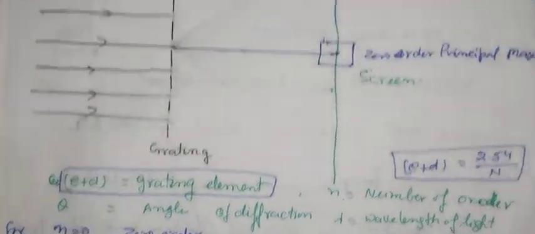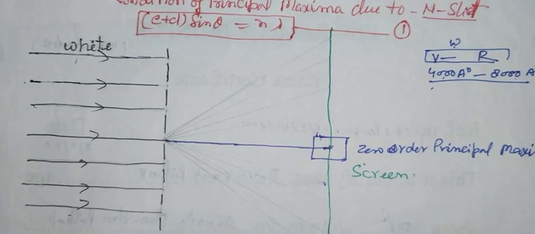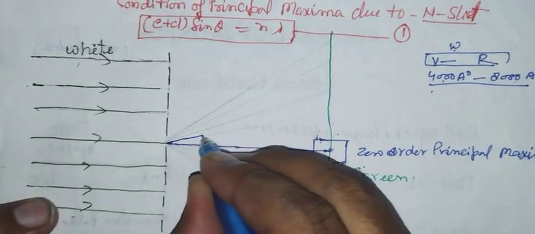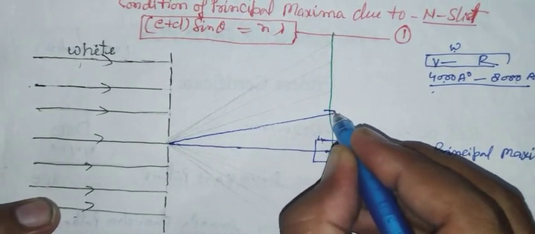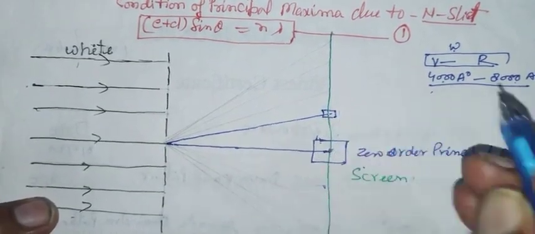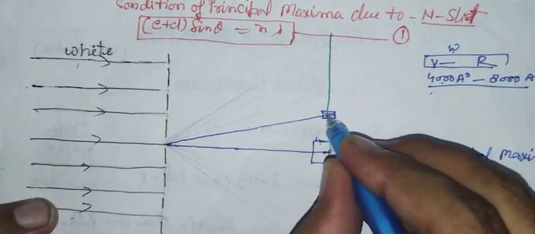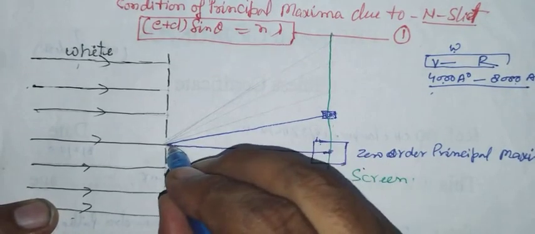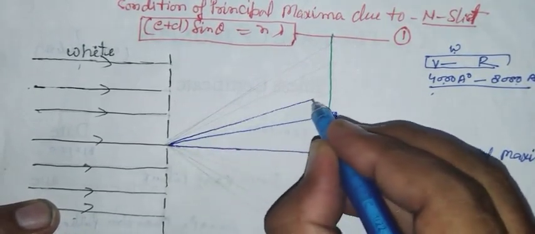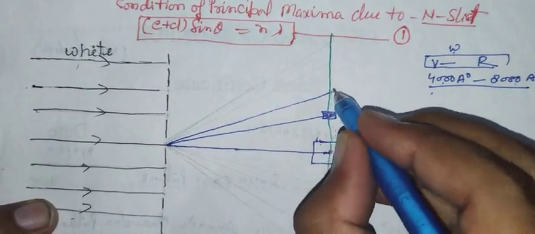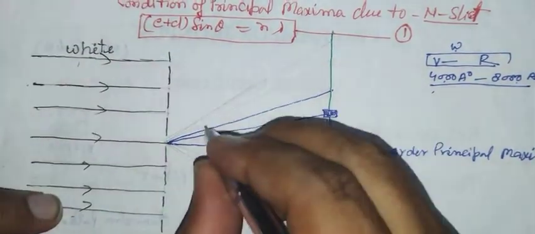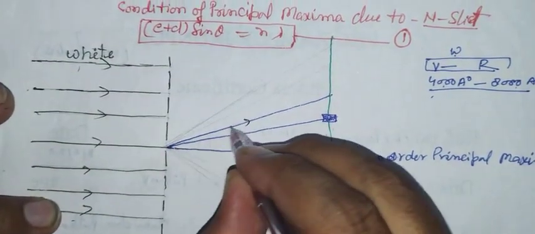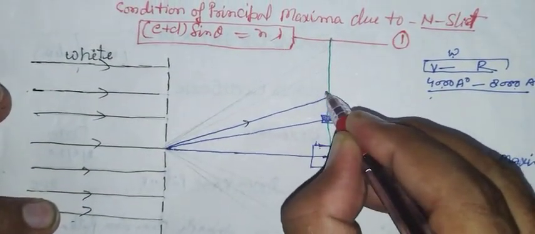So see in the diagram, for the first order the violet color spectrum will be obtained, and the wavelength of red is more, so it is represented by red light.